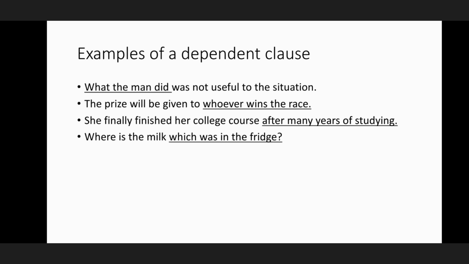That is a question on its own and it's a complete sentence. Then we have the addition of which was in the fridge as a subordinate or a dependent clause. I hope this is clear. Now let's progress to the second half of the topic, which is an independent clause or a main clause.